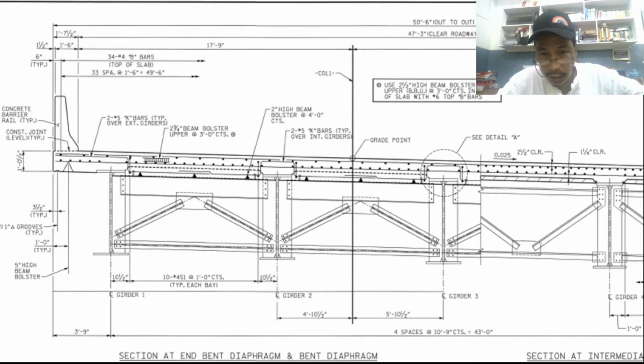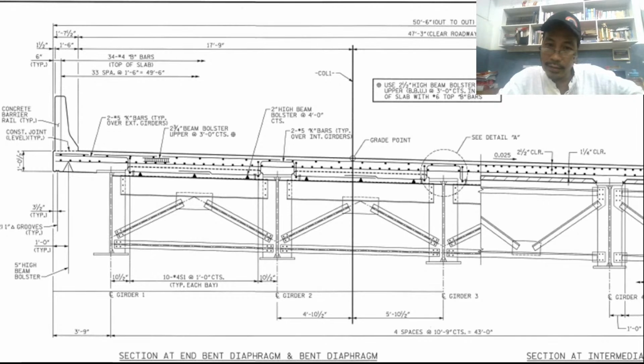That is the total lane, plus 5 feet on each side, plus the edge.